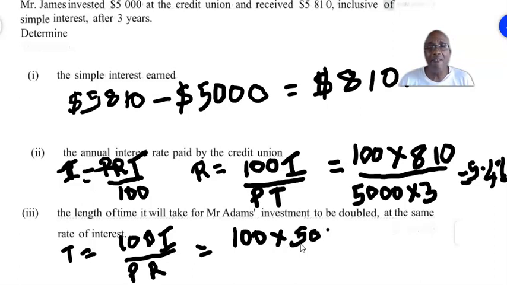He makes $5,000. That's why his investment is doubled. Over the original principal, which is 5,000, times the rate of interest, which we found was 5.4.